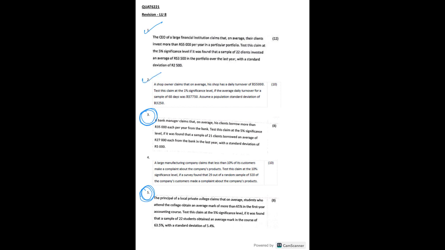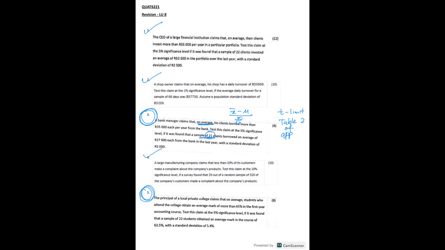Number 3 is dealing with an average, and your sample size is 21. So the formula for your average is, remember, x bar minus mu over the standard deviation over the root of n. Because your sample size is 21, you're working with a t limit, so you will need to go to table 2 of your appendix. That is page 507.